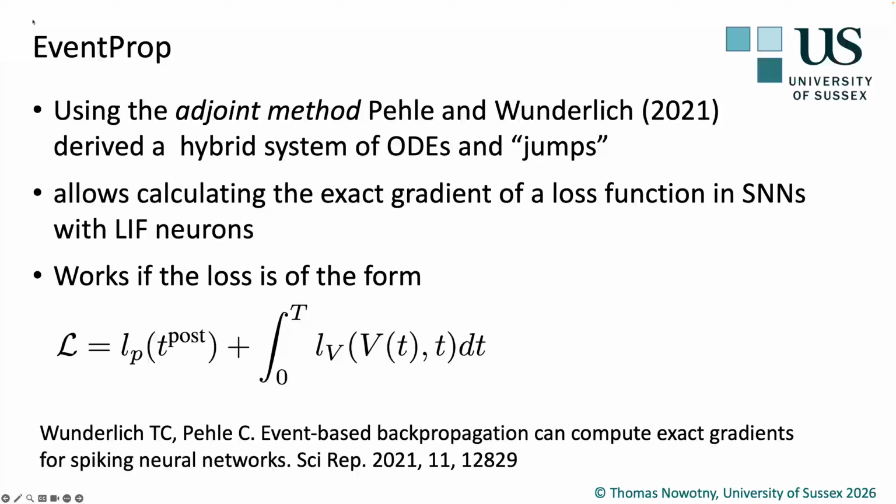And this method that I'm talking about is called EventProp, and it can do an exact gradient calculation for loss functions of the shape that's shown here, where the loss is either a function of the postsynaptic voltages, like here, or of the postsynaptic spike times, the output neuron spike times indicated here.